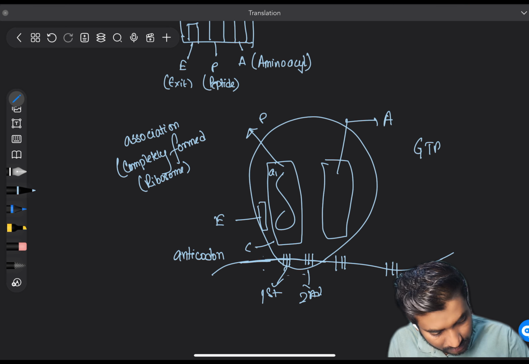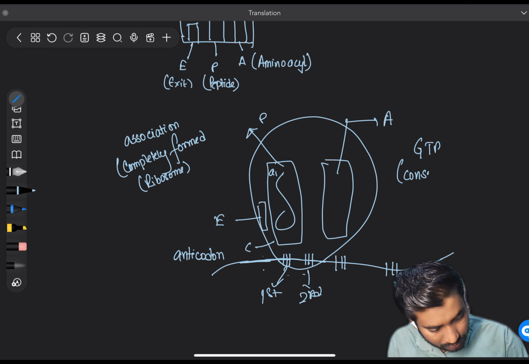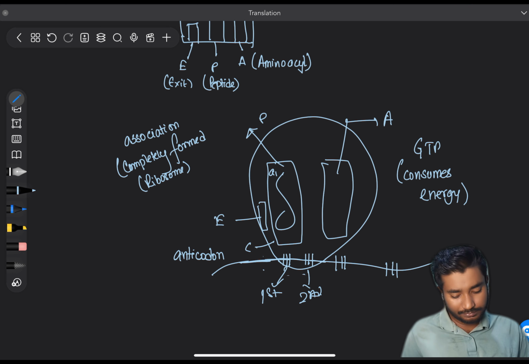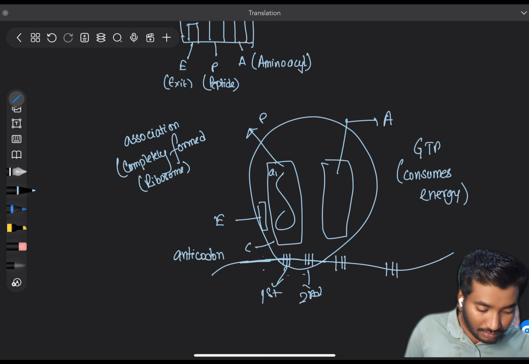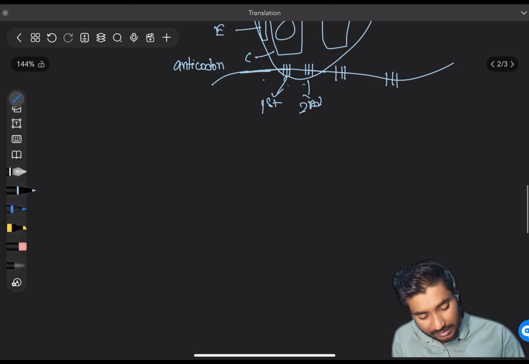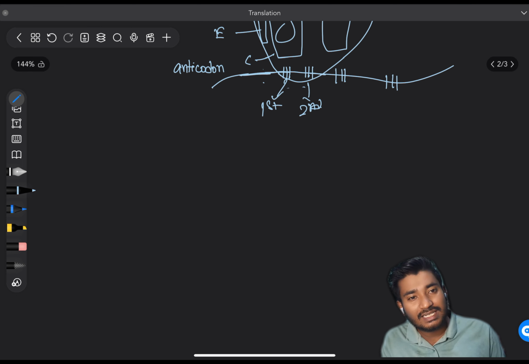GTP consumes energy. Now what happens? The ribosome is associatively formed, and later on the initiation is completed.